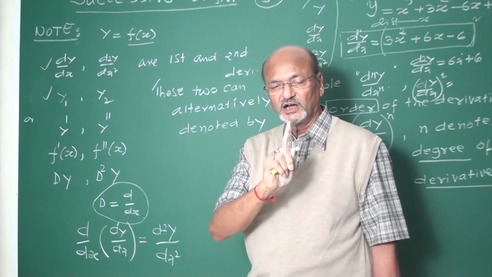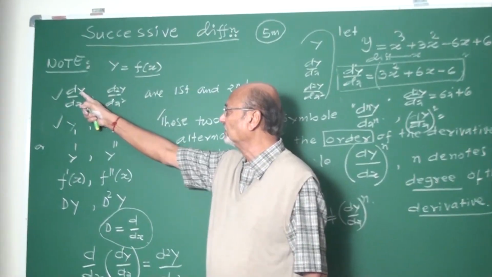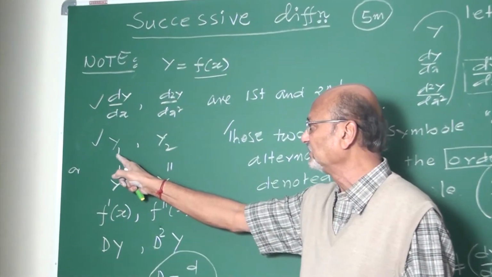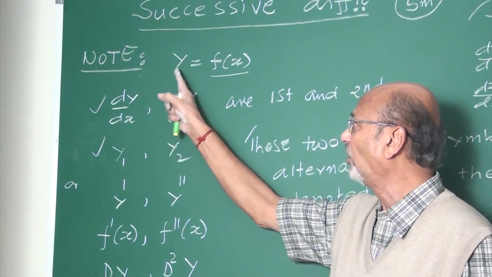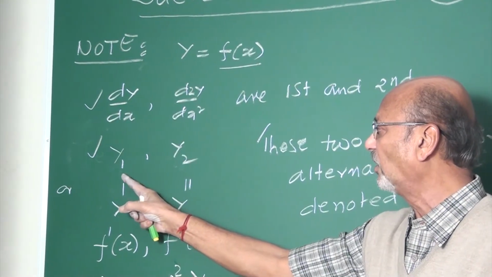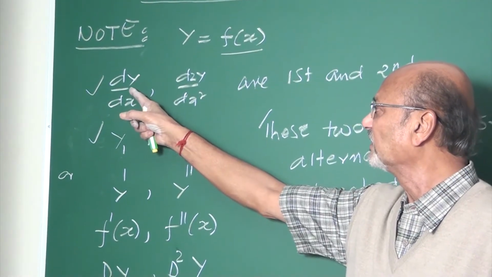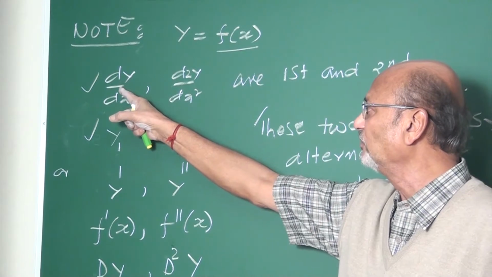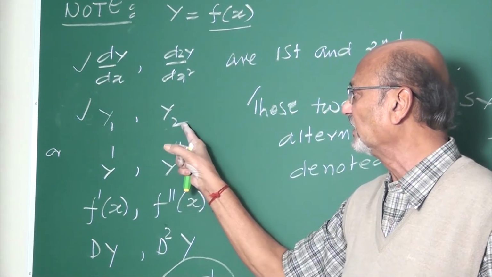I will repeat once again. Remember, the derivative of y is either dy by dx, or y1, or y dash. All these are the same symbols. The derivative of the first derivative, the second derivative of y1, you write y2.